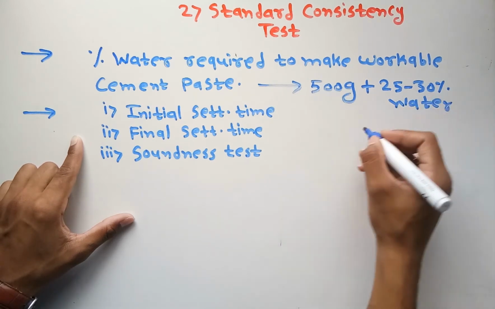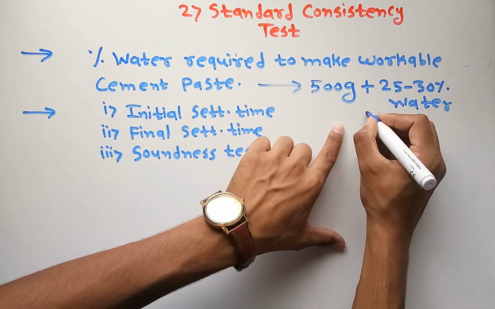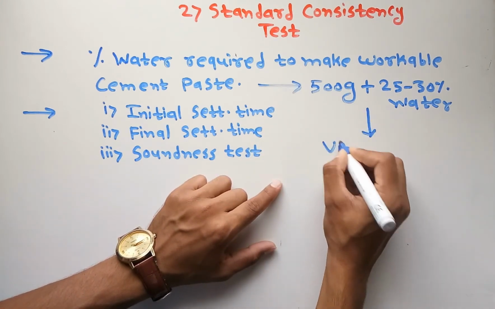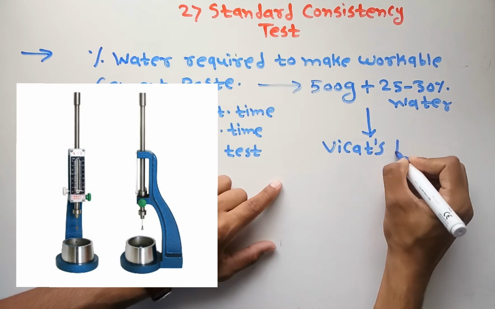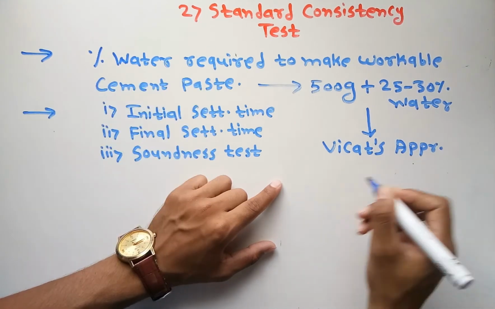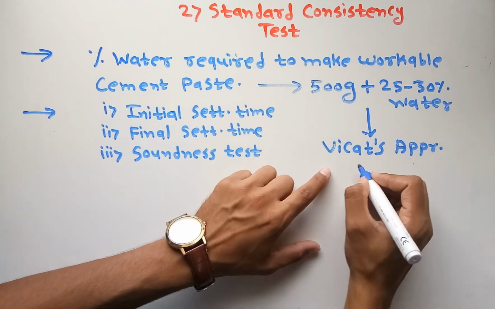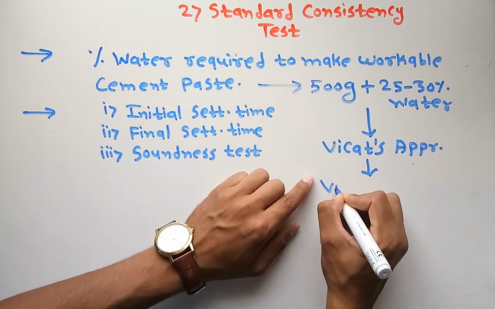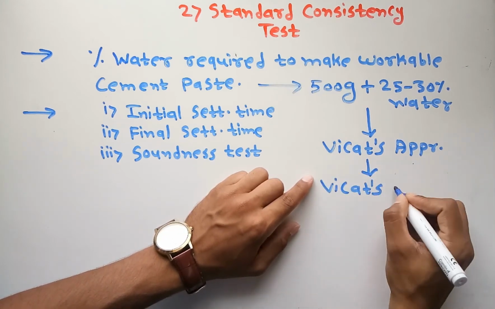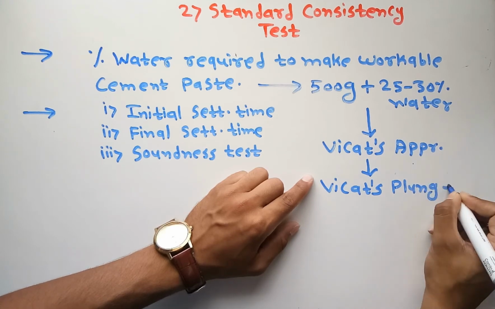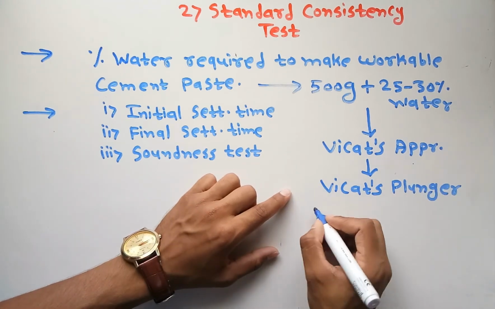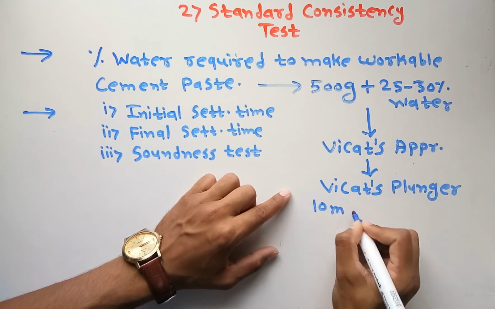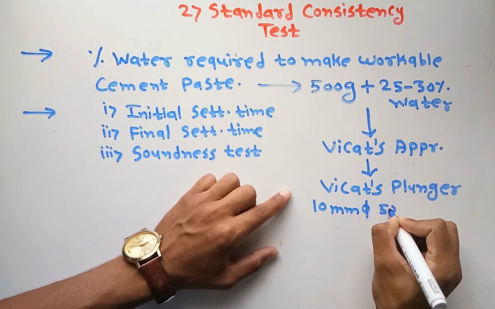This paste is put into the mold of the apparatus, and this apparatus is known as Vicat's apparatus. In the Vicat apparatus, the consistency is determined by Vicat's plunger. The dimension of this Vicat's plunger is around 10 mm in diameter and 50 mm in length.